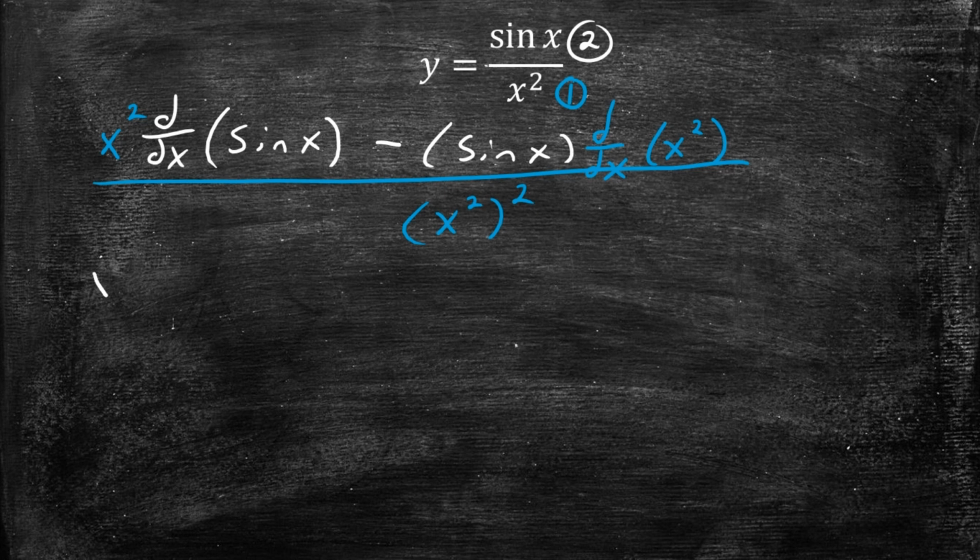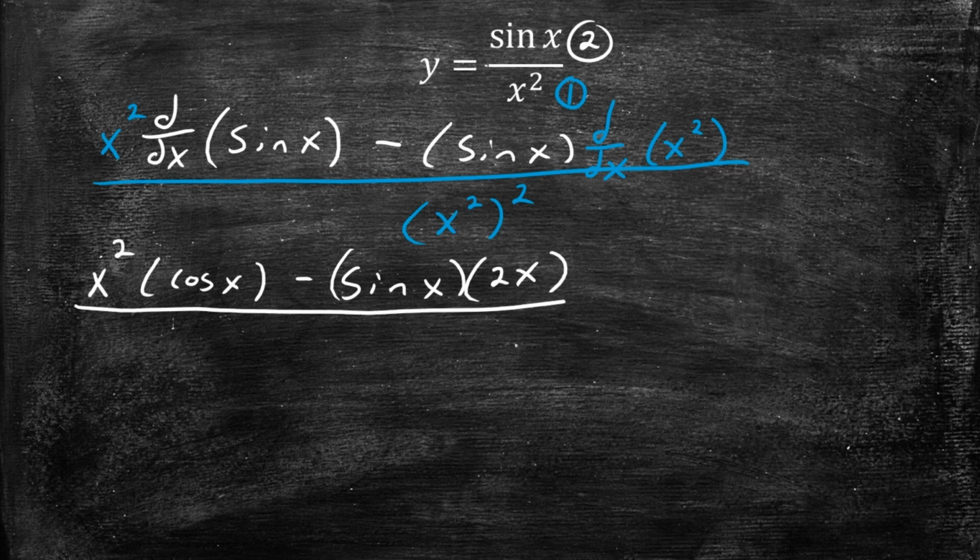All right, so let's go ahead and simplify this. So x squared, the derivative of sine x is cosine x, minus sine of x times the derivative of x squared, which is 2x, all divided by x squared squared, which is x to the 4th.